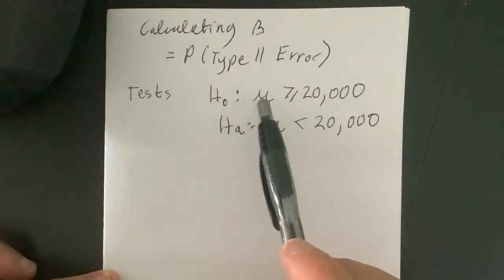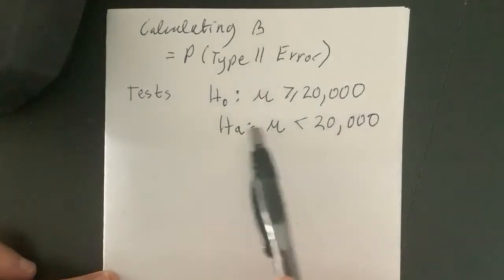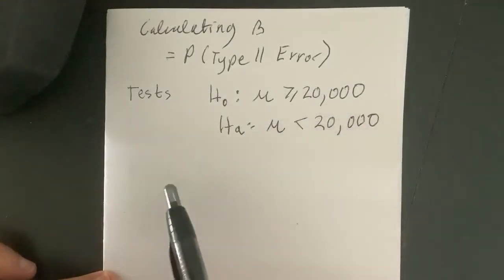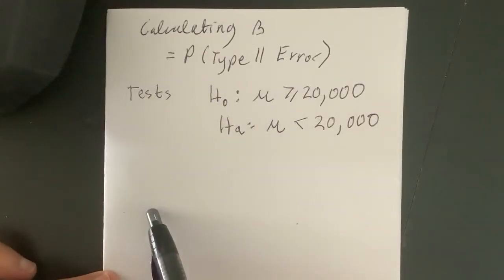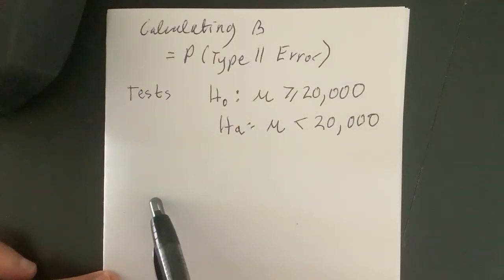Type 1 error, you remember, is choosing HA when H0 is true. So if mu is equal to 20,000, that's very close to some of the mu's in HA, and you would get the highest probability of making a type 1 error. When mu is bigger than 20,000, it's not as likely, so we didn't consider that. We just bound the type 1 error.